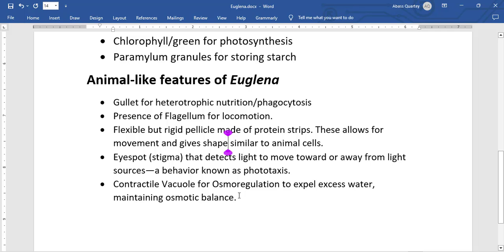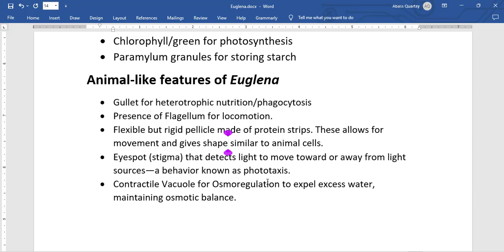Animals are highly sensitive to stimuli. As you have said, irritability is more developed, enhanced in animals than in the other groups of organisms: plants, fungi, protists, and so on. All right.